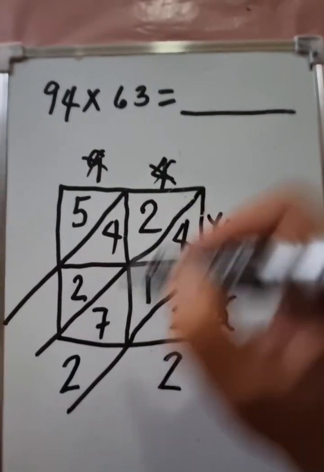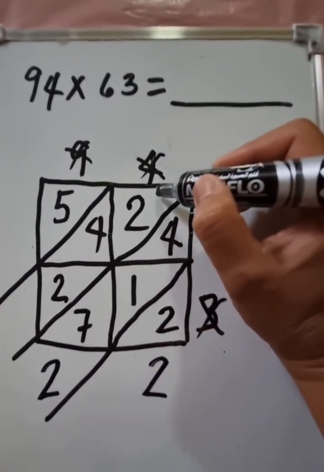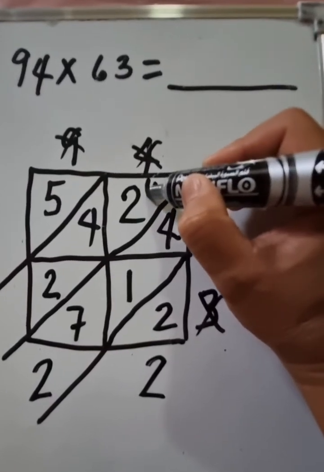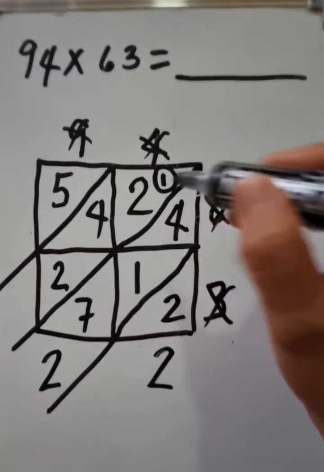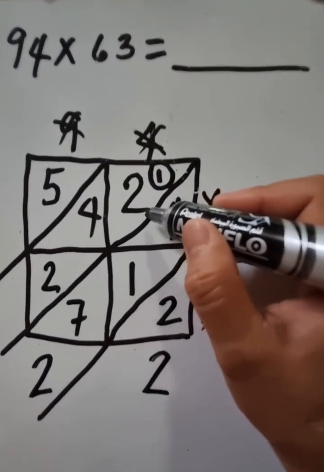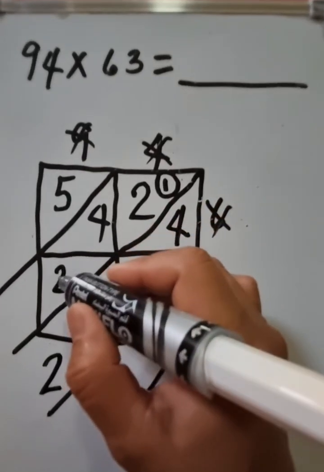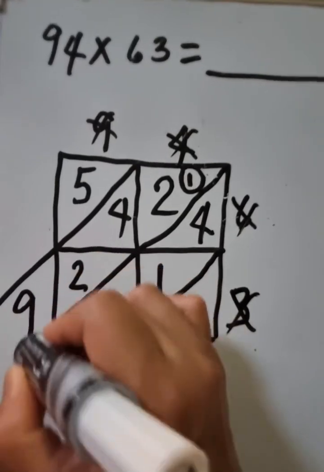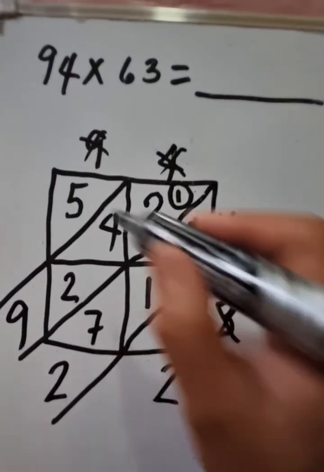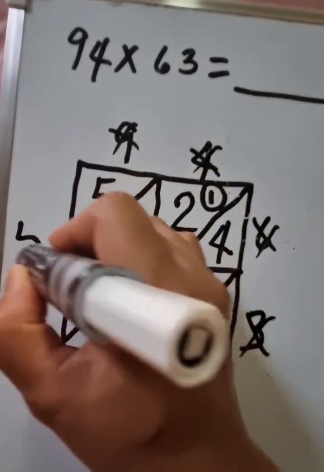So you write here 12, the ones, and the tens you write here. That is carry 1. 1 plus 2 is 3, plus 4 is 7, plus 2 is equal to 9. Then you copy 5.